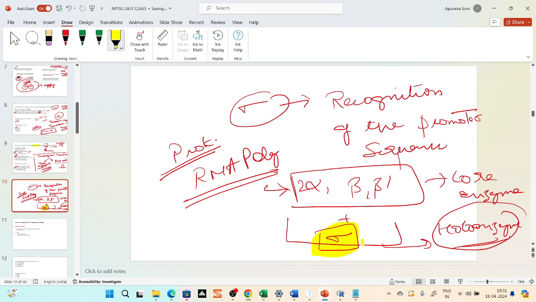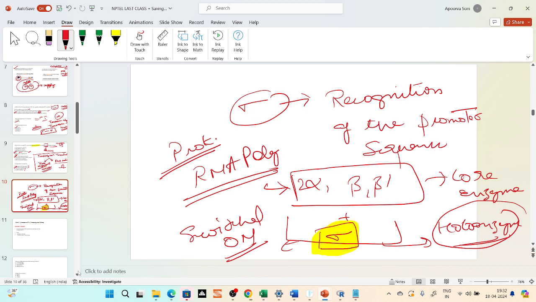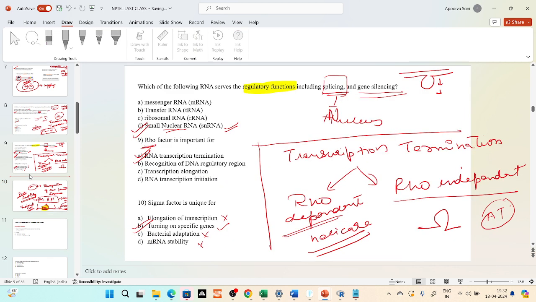And when this promoter region is recognized, then transcription happens. That means certain genes are switched on or turned on. So again, if we go to this question, we can say that turning on specific genes is the most correct statement out of the given statements. Okay. So B is the answer.